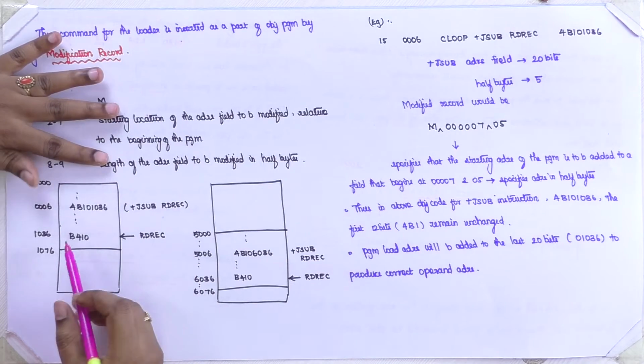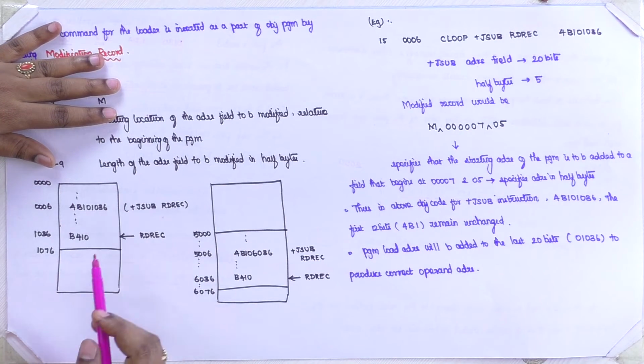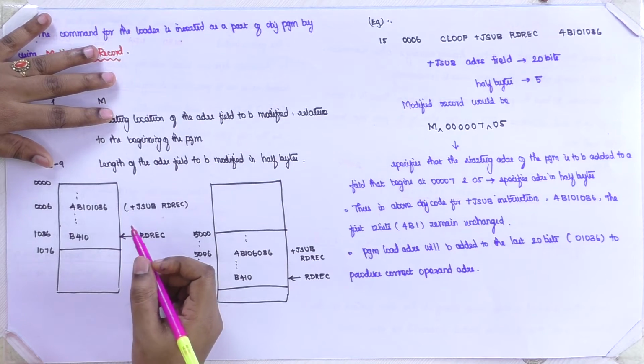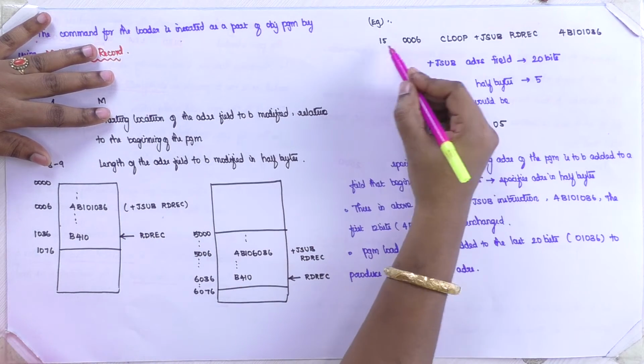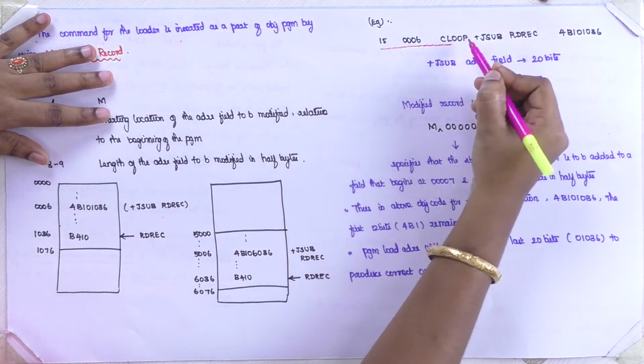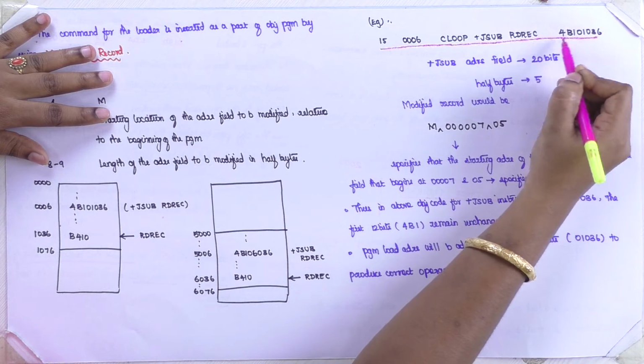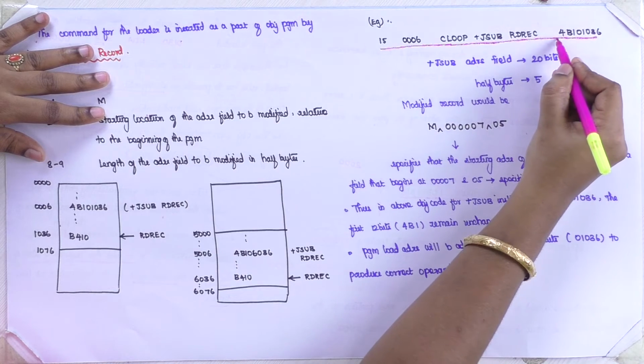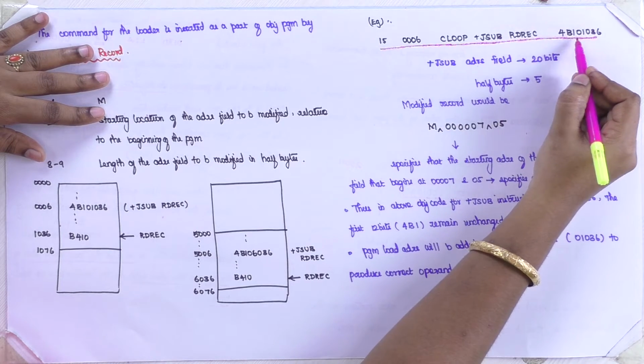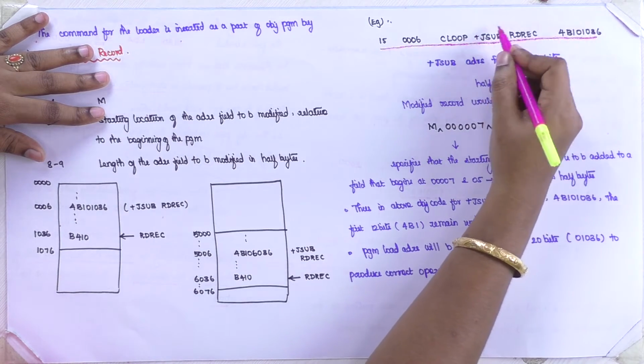See, consider, for example, this is the memory location. Let me take the instruction 15 0006 plus JSUB RD REC. The object code generated is 4B101036.